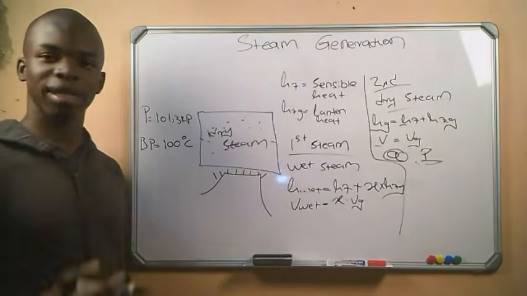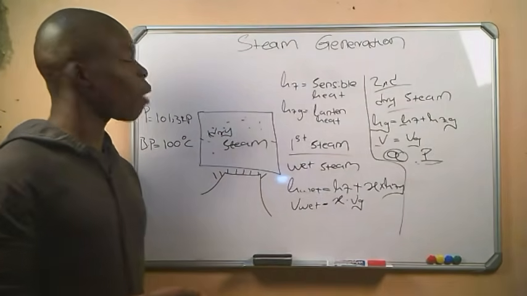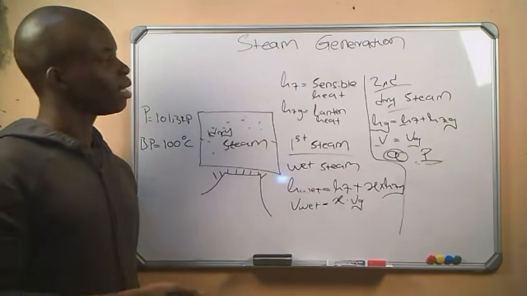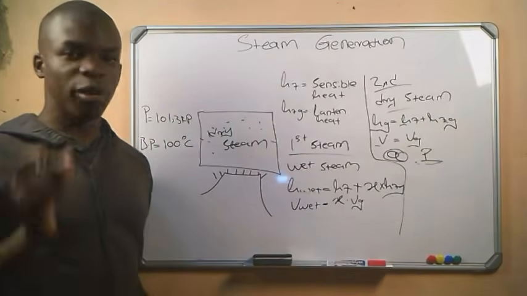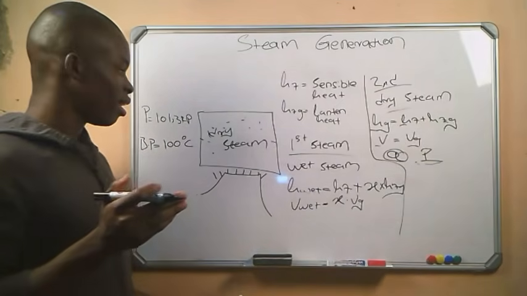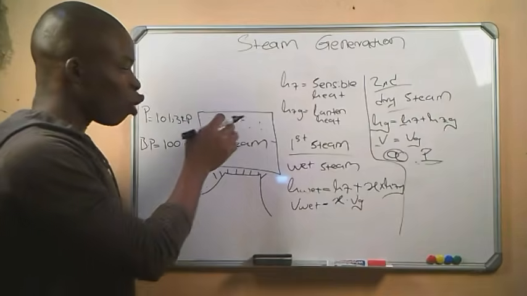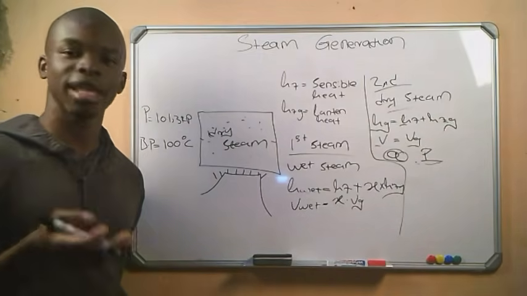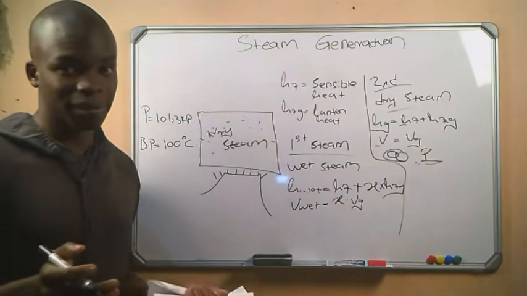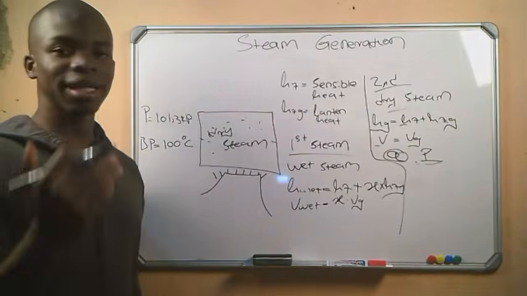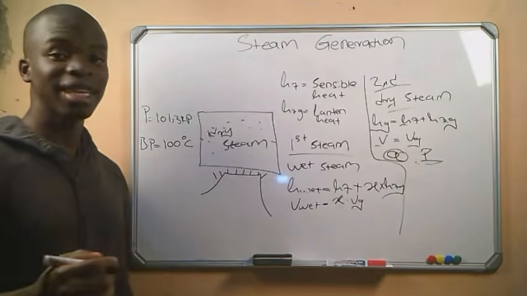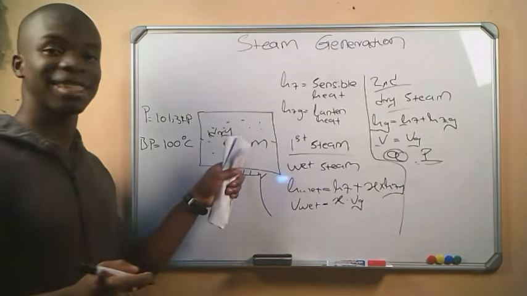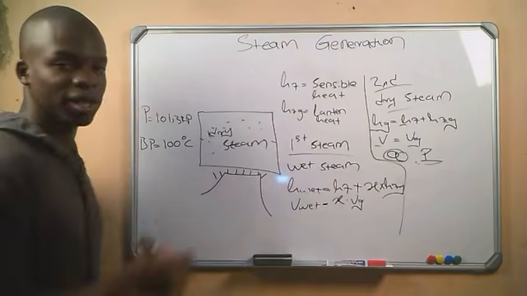but we still keep on heating our steam. Now remember, we have pure steam now. There are no water droplets that need to be turned into steam. The heat that is added to this steam will now be used to raise the temperature of the steam.